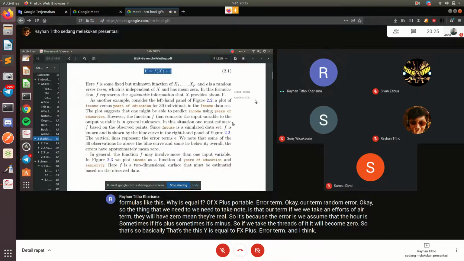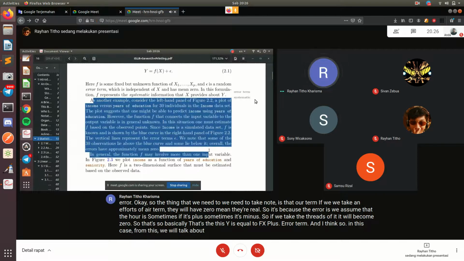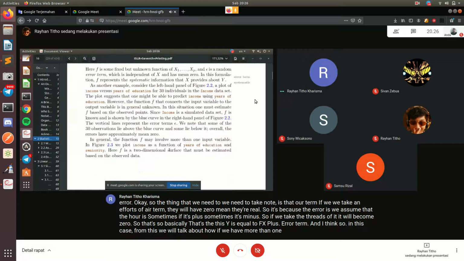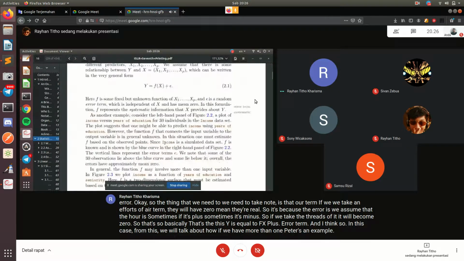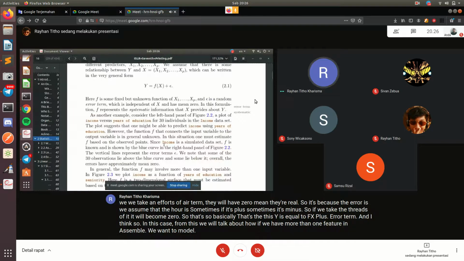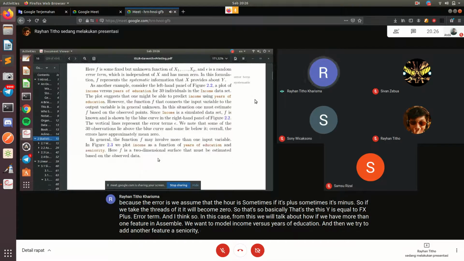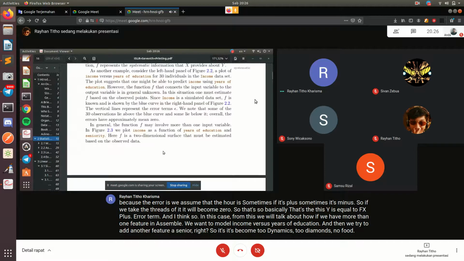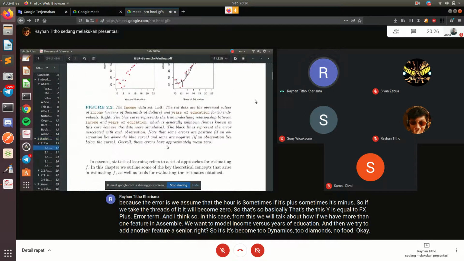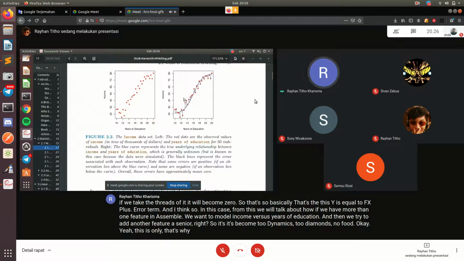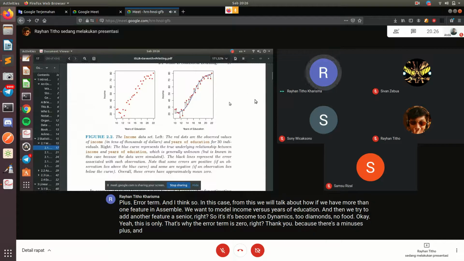And if we have more than one feature, for example, we want to model income versus years of education, and then we add another feature, seniority, it becomes two-dimensional. Theoretically the error term averages to zero, because there's a minus and a plus.